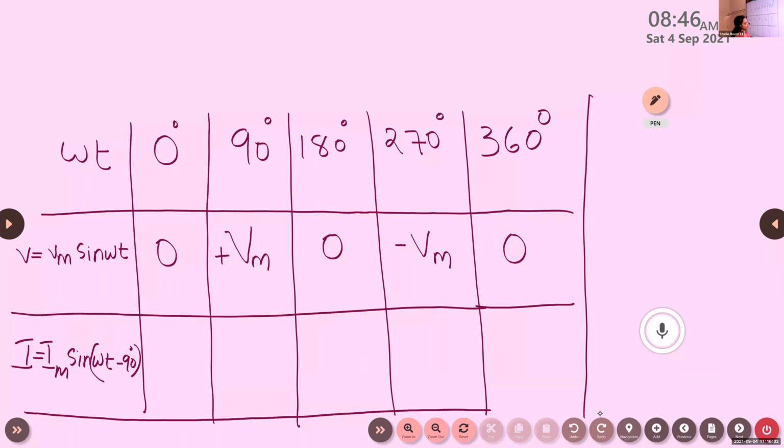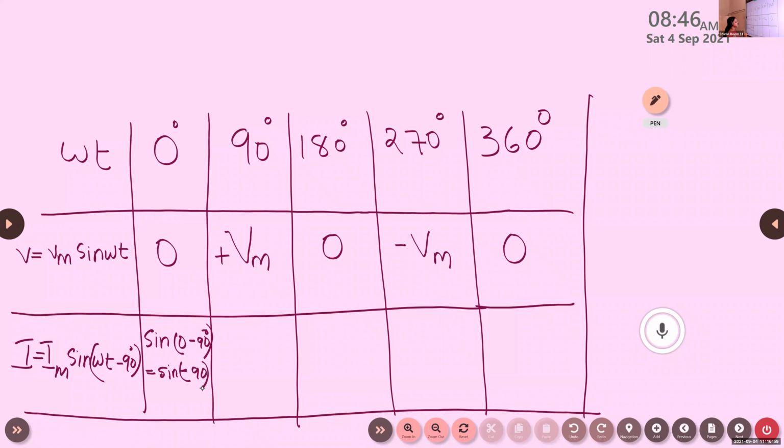Now we can find the values of current for alternate angles. I is equal to Im sin omega t minus 90. So the first angle is 0. Here we need to find sin 0 minus 90 degree, that is equal to sin minus 90.